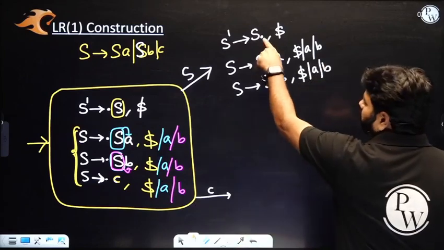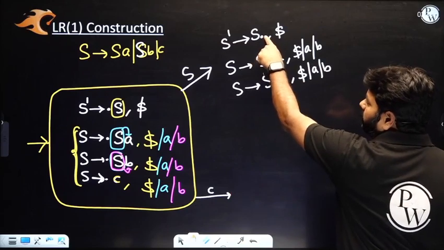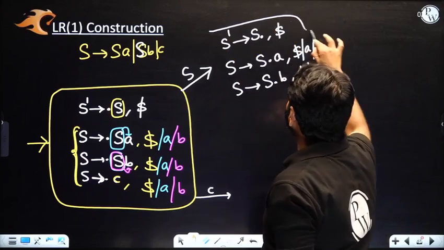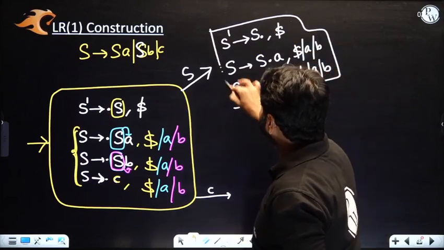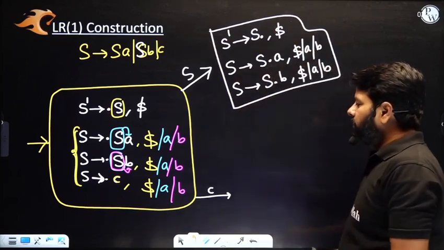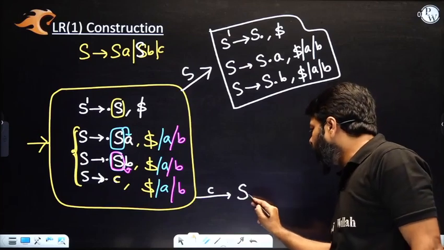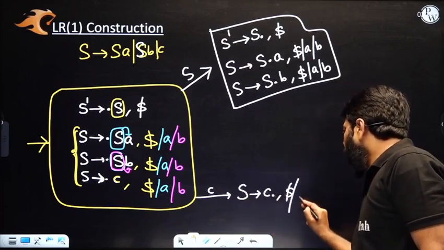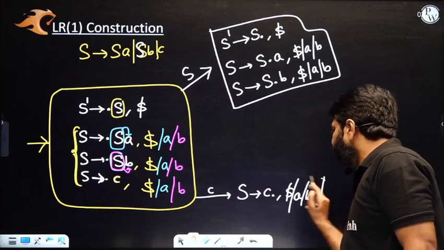Look at after dot, no non-terminal. So now I can close. Let's say this is I1. Now when you read C here, S derives C dot, that's dollar or A or B.